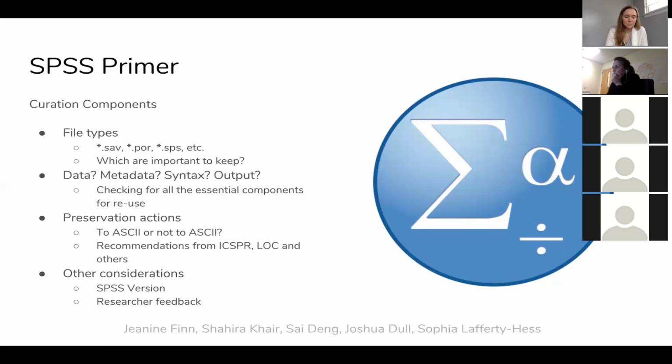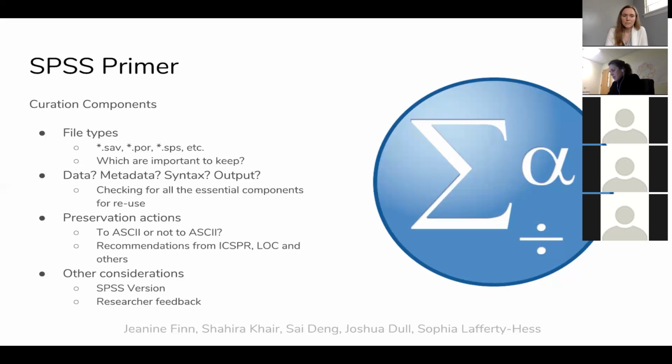We also wanted to talk about the preservation actions or recommendations. So we looked at a few organizations. We looked at recommendations from the Library of Congress. We looked at what ICPSR recommends for SPSS formats.